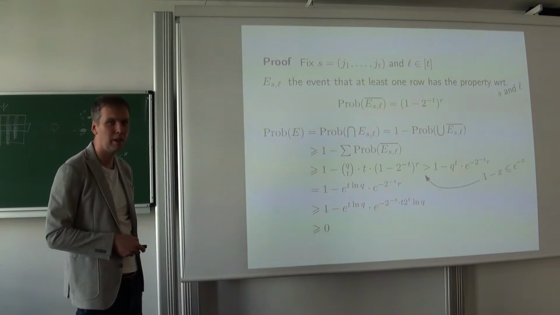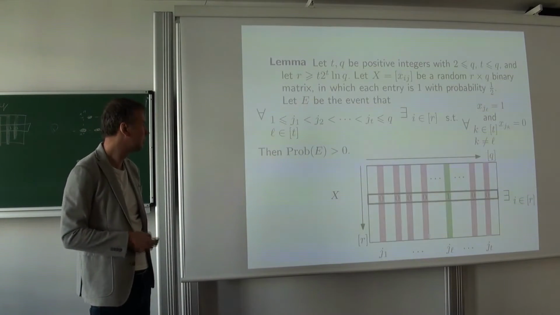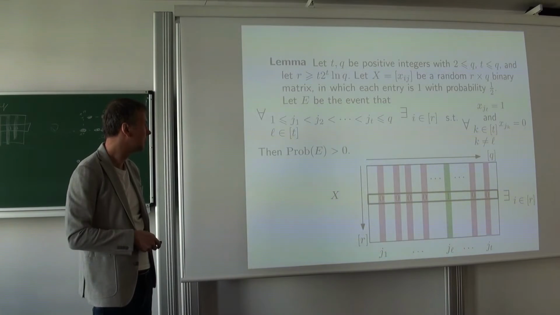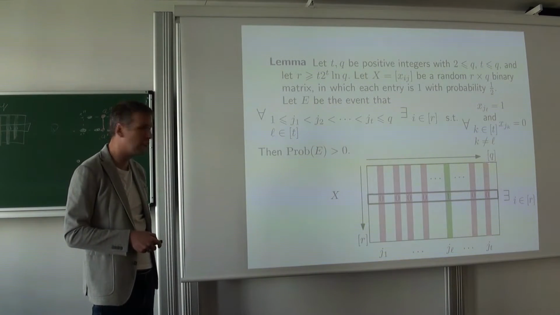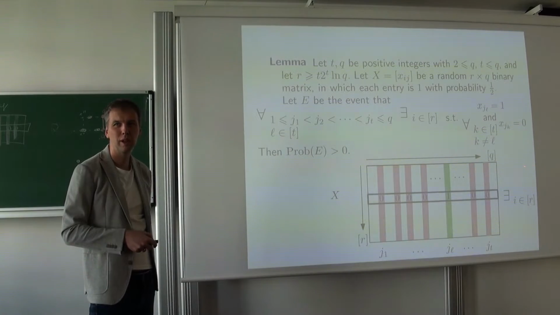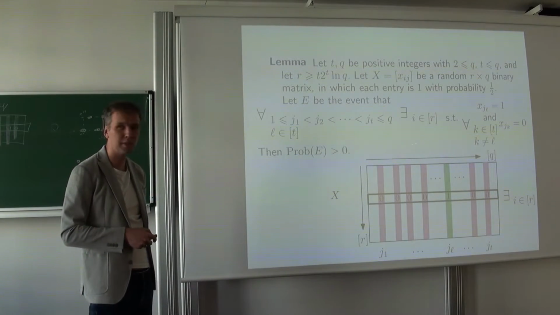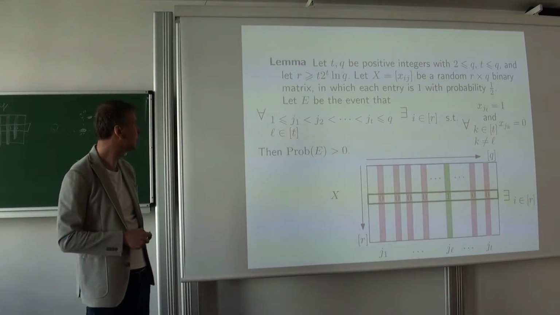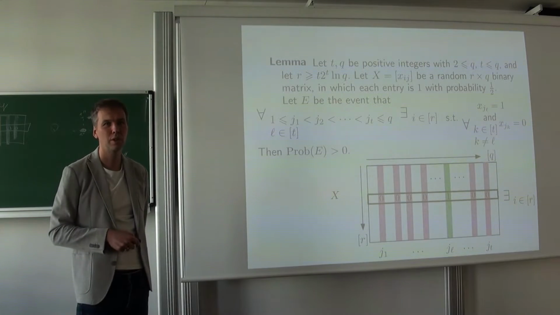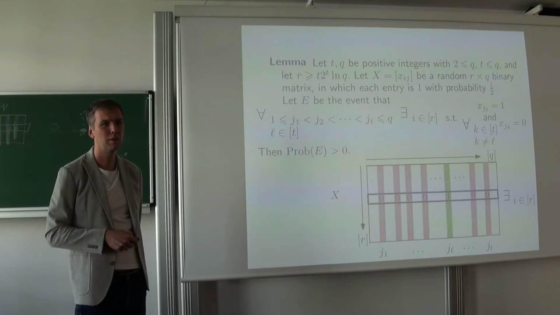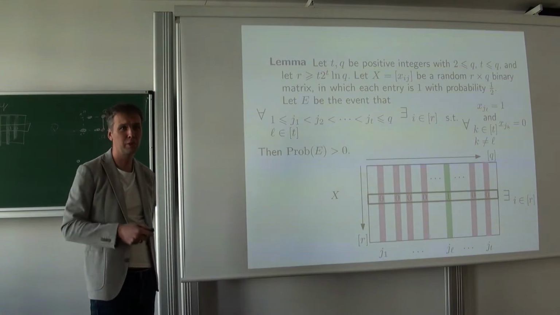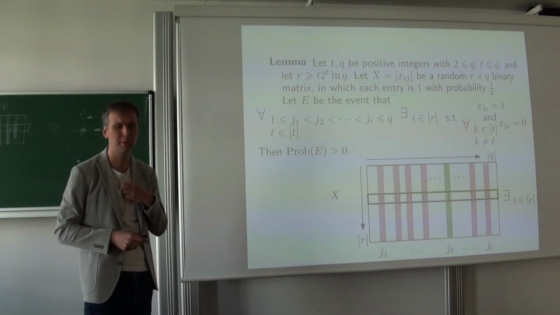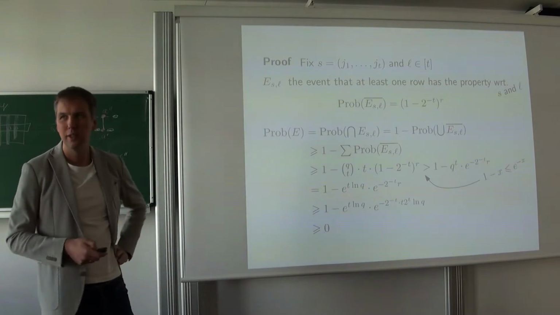So at the end, the message is that if we want to have q columns and we want to be ready for all these choices, it's enough to take this number r of rows. q columns, and we allow the adversary to give us t-tuples as choices. Okay. So that was the proof.